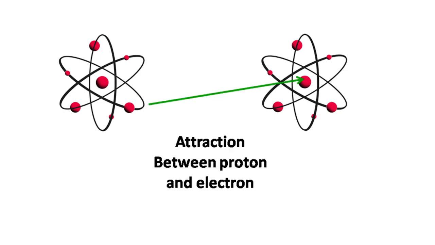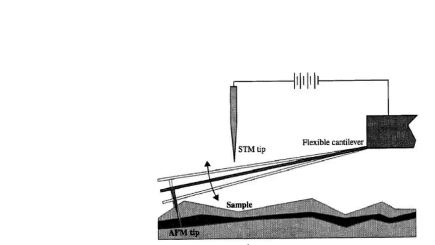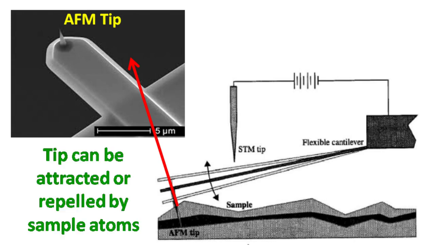If two atoms are located at a certain distance, then the positively charged proton of one atom will attract the negatively charged electron of the other. If two atoms come very close to one another, then the electrons in the outer shell of both the atoms repel each other. The atomic force microscope uses a small nano-sized tip, which can be either attracted or repelled by the atoms present in the sample.